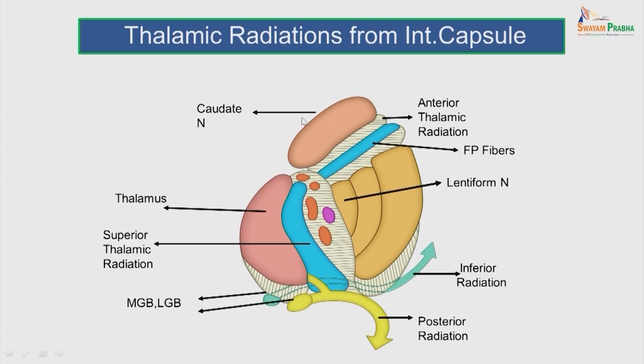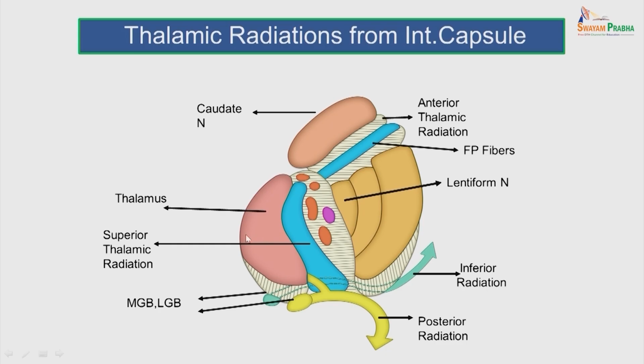The anterior thalamic radiation passes through the anterior limb of the internal capsule, mainly carrying the fibers to the prefrontal cortex, the associated motor areas and the motor areas, and also the sensory areas, that is the medial dorsal, ventral anterior, ventral lateral, the VPL and the VPM nucleus.